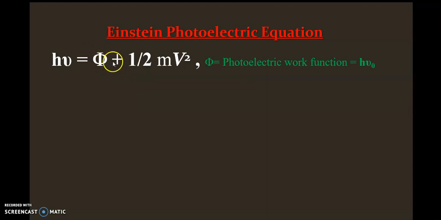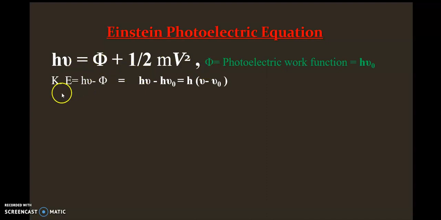Here, the work function will be equal to the threshold energy, since it is the same as the binding energy of the electron with the metal atom.